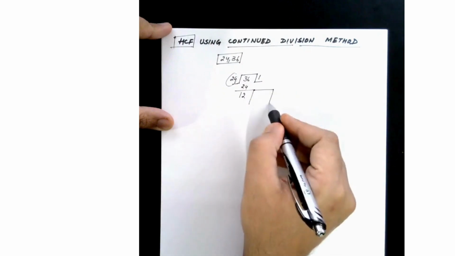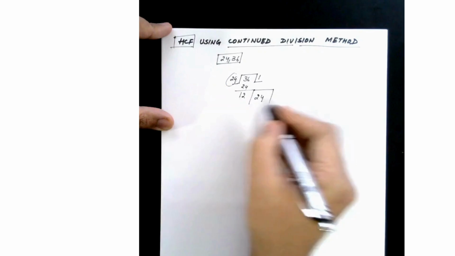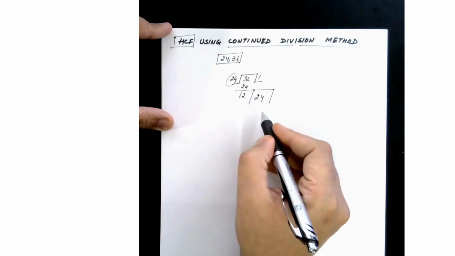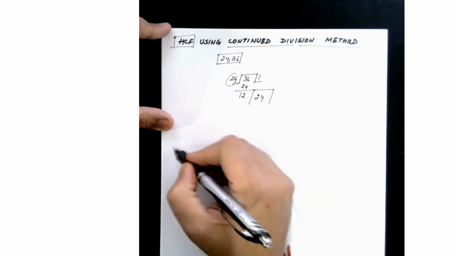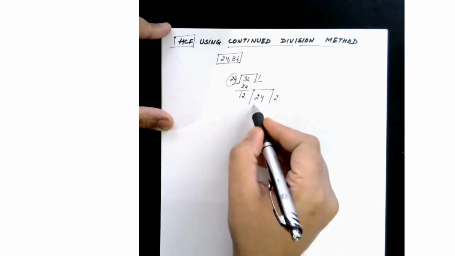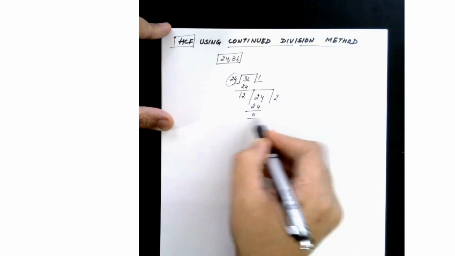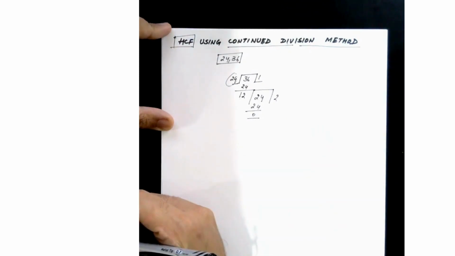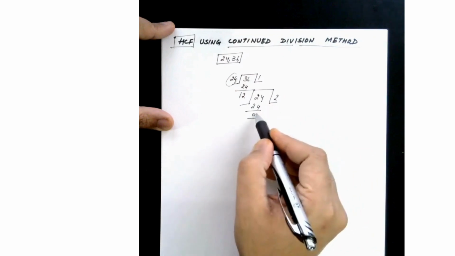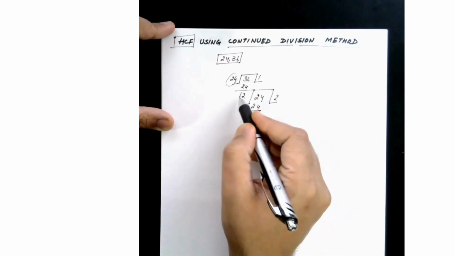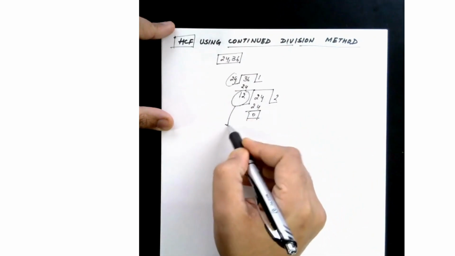So we bring 24 here and divide 24 by 12, and we keep doing this until we are left with 0 balance or remainder. So 12 2s are 24 and we are left with 0. Once we get a 0 remainder, at that time the divider is the HCF.